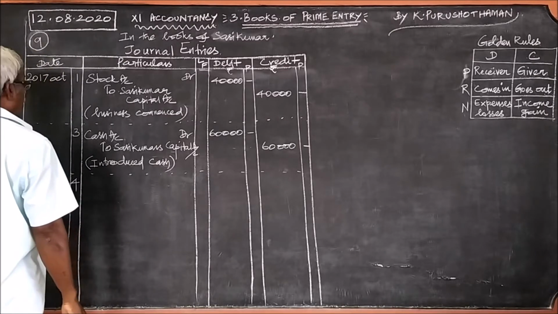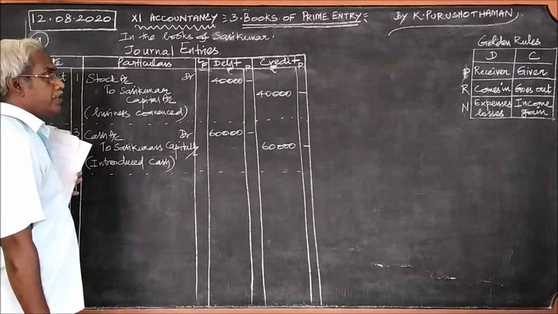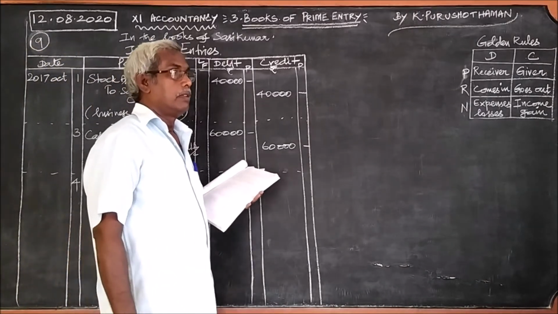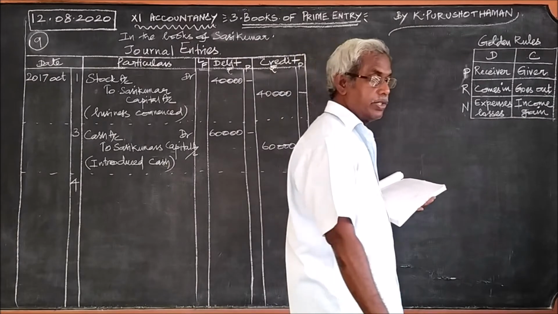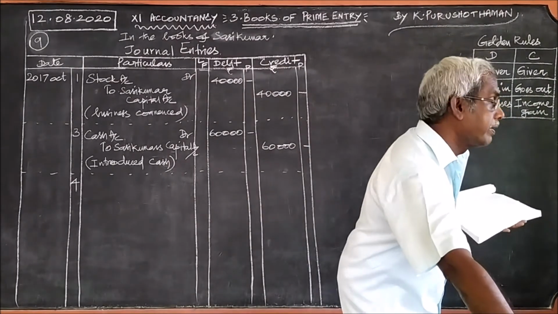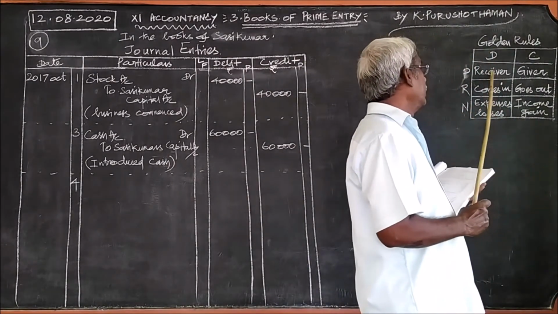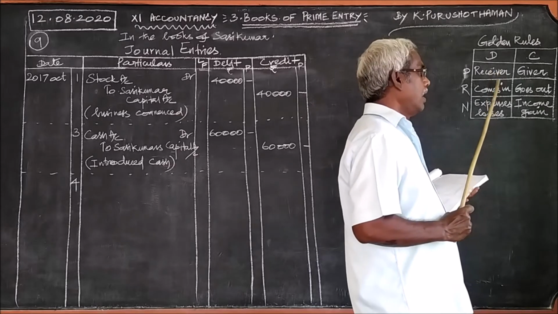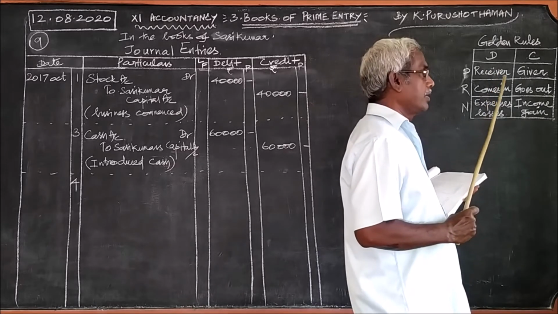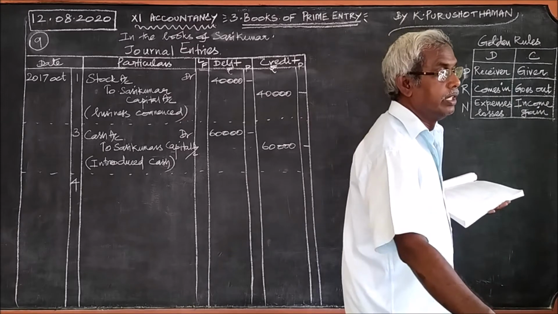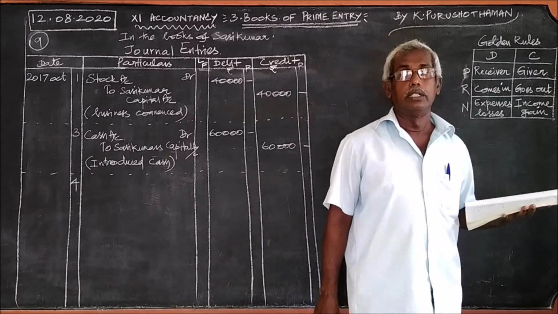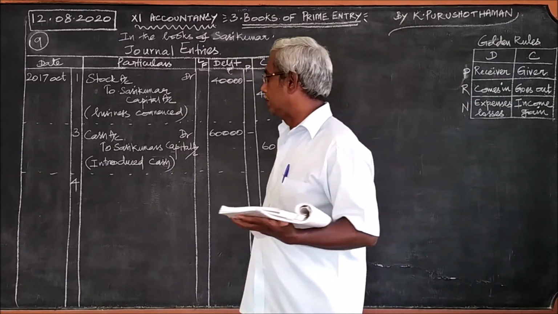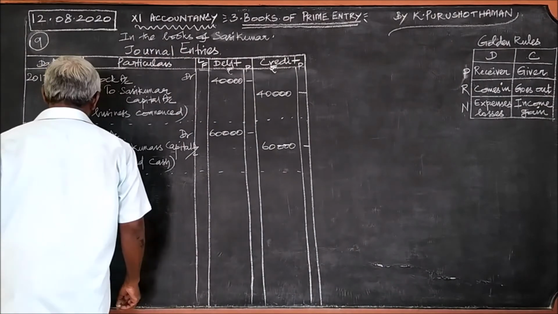Purchased goods from Arul on credit. Just now I said, whether the goods are purchased on credit or cash, whatever it is, no receiver. What comes in when goods are purchased? Goods comes in. As per general rule, goods account debit, but we are not permitted to write goods account here.